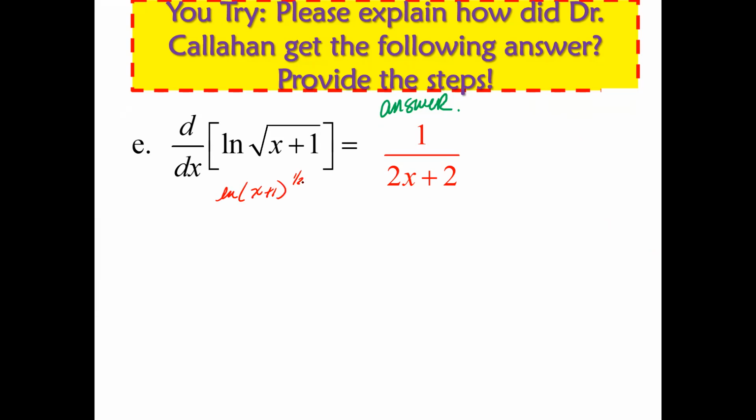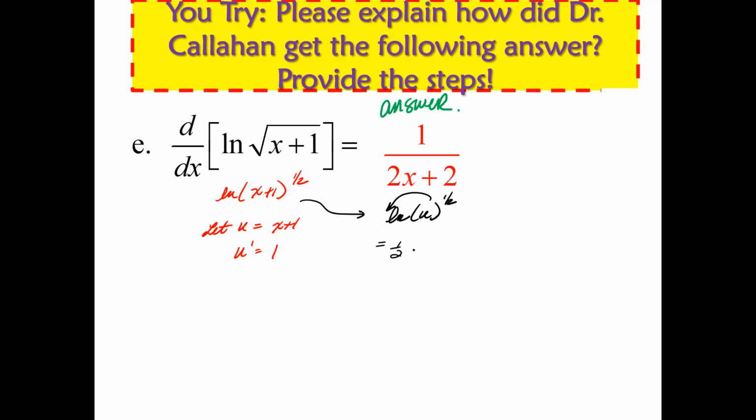All right, so looking at this one here, another way of writing this is just going to be ln of x plus 1, to the 1/2. So you could say let u be x plus 1, then your u prime, because I'm so used to doing the du's with u sub, but we're not doing du's, u prime is going to be just 1. So then if I replace this, I have ln u to the 1/2, which I'm going to find the derivative of. So I'm going to bring the 1/2 down.